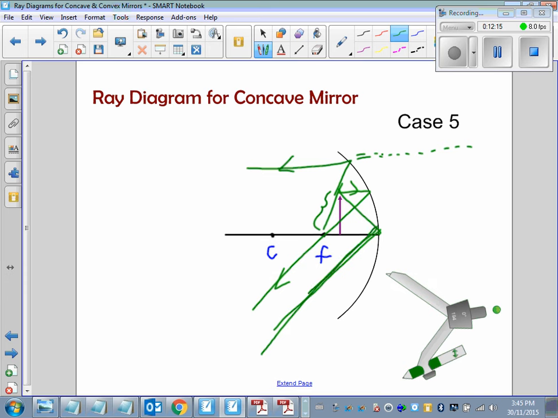So we have a line here, we have a line here, and if you extend these lines back, it turns out that they'll meet, but the only way that they'll meet is virtually behind the mirror.